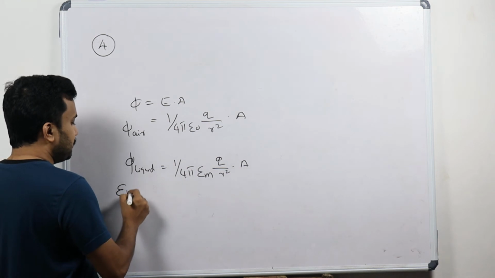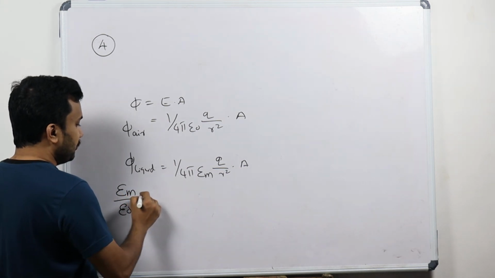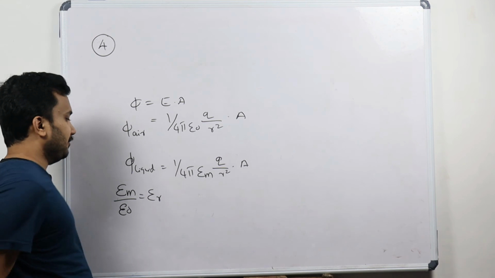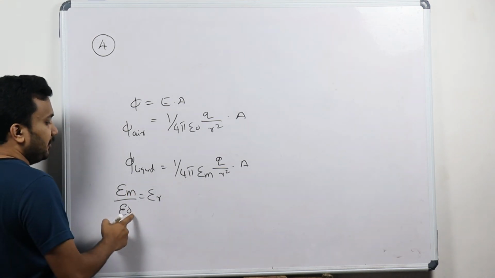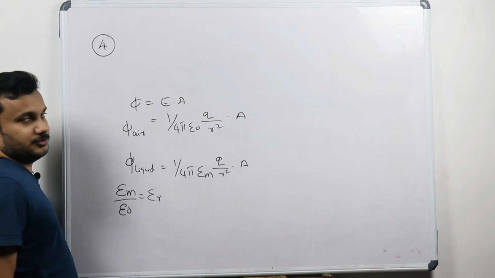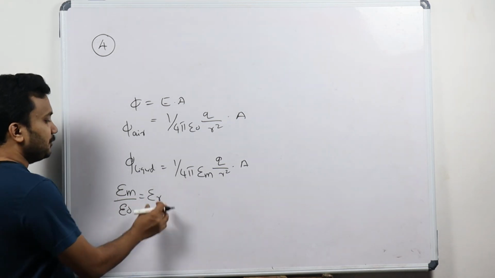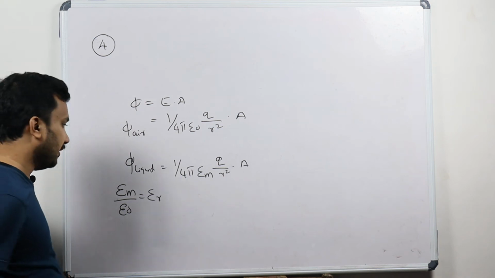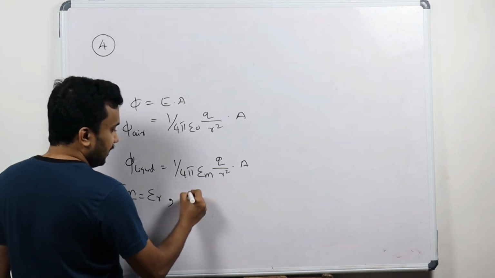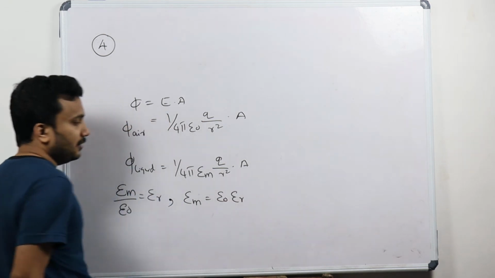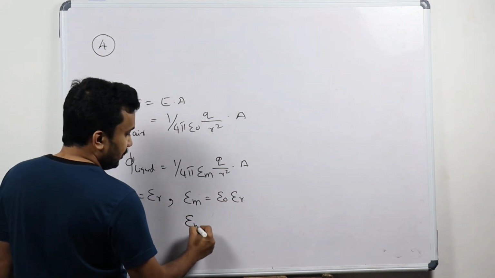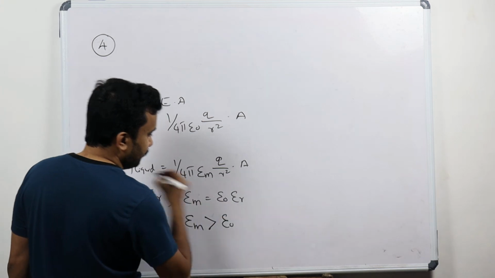I told you epsilon m divided by epsilon 0 is called epsilon r. We did this part in our third or fourth video. Epsilon m divided by epsilon 0 is equal to epsilon r. Normally, the epsilon r value is greater than 1. So epsilon m will be equal to epsilon 0 into epsilon r. In the normal case, epsilon m is greater than epsilon 0.